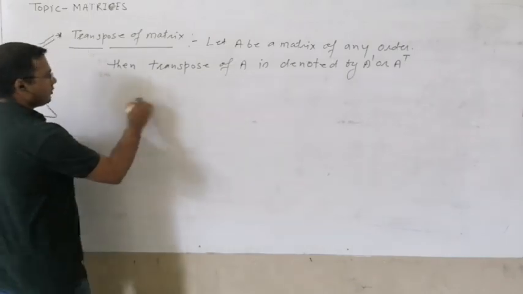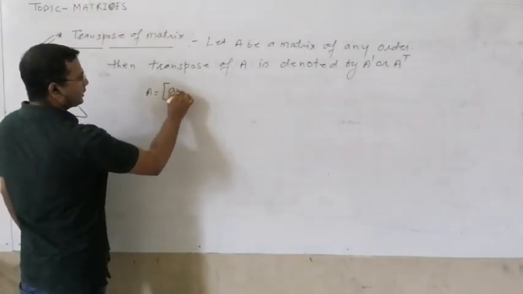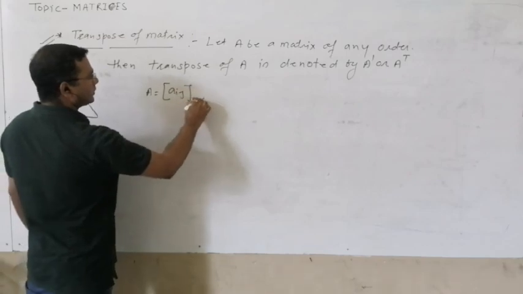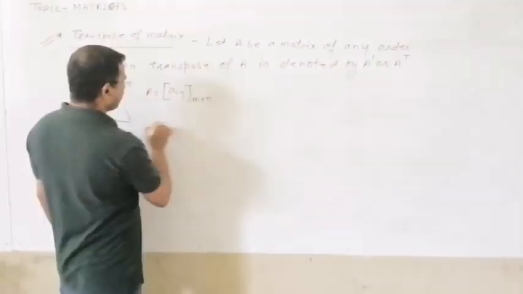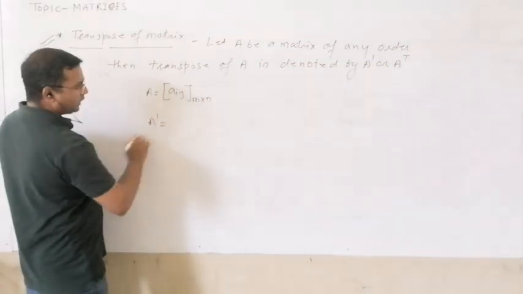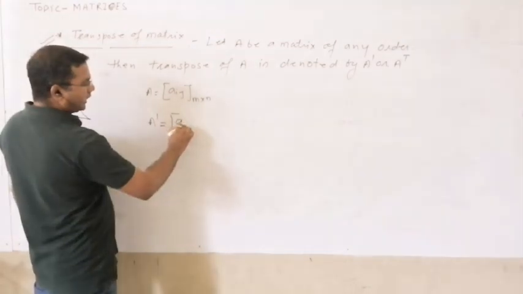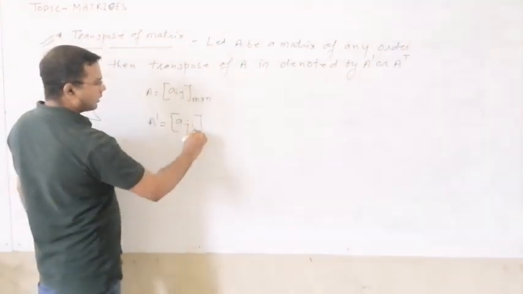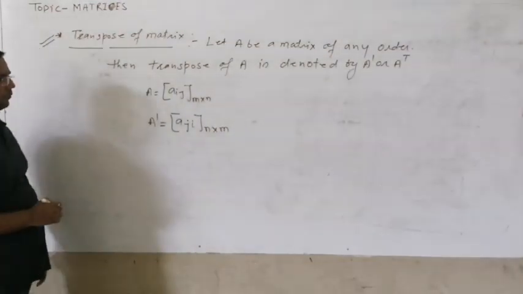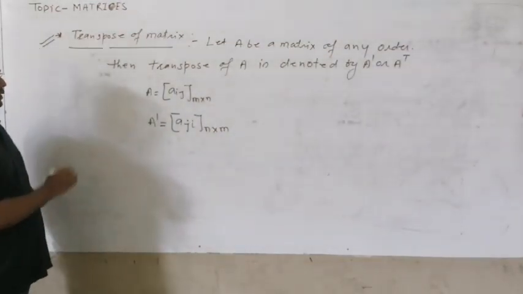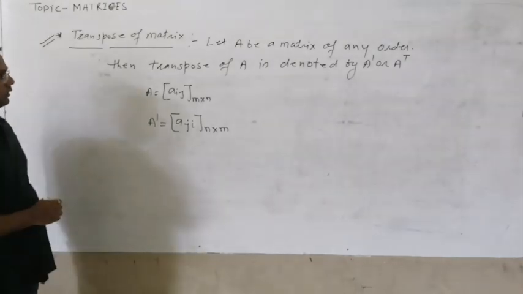Suppose we have a matrix A, it is Aij, order is suppose m by n. We can find the transpose of this matrix A. If we write Aji, the order also changes, it becomes n by m. So this is the simple definition of a transpose of a matrix.